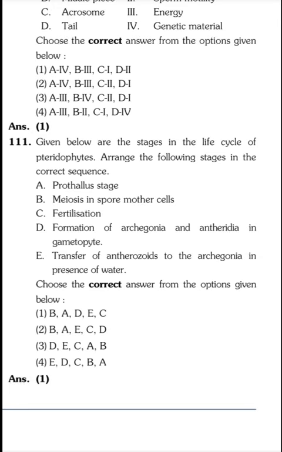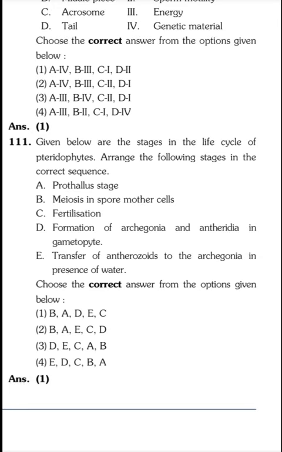So once these reproductive organs are formed, they release the gametes, and the transfer of antherozoids to the archegonia takes place in presence of water. See, you should also remember pteridophytes are also the amphibians of the plant kingdom, but we don't highlight that point. Instead, we focus on they are the first terrestrial vascular plants.